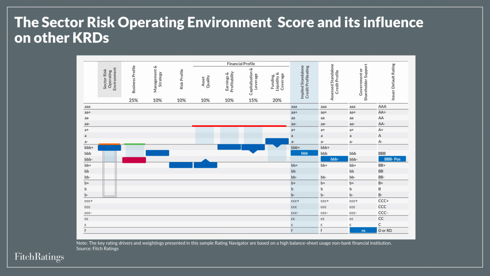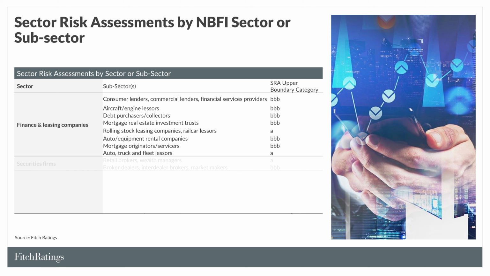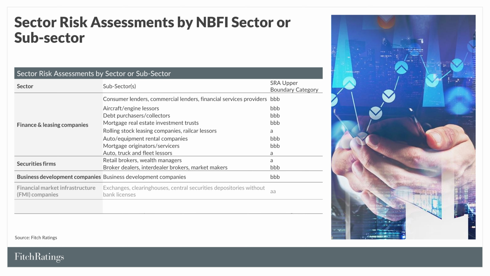Benchmarks are not tiered for low balance sheet usage business models or for sectors where operating environment differences are not present, such as business development companies, or BDCs, which operate in a single operating environment. The SRA upper boundaries listed in this table represent the typical rating profile of leading NBFIs within the sector.